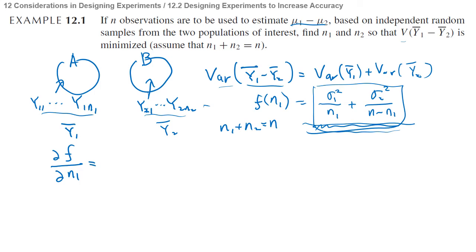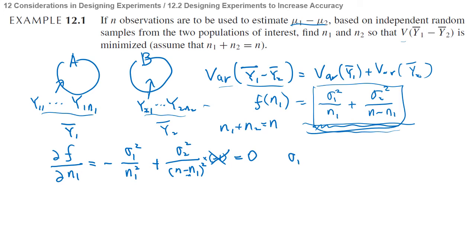This becomes minus sigma 1 squared over n1 squared, and for the other part, plus sigma 2 squared over (n minus n1) squared, and we set it to 0 and solve it.